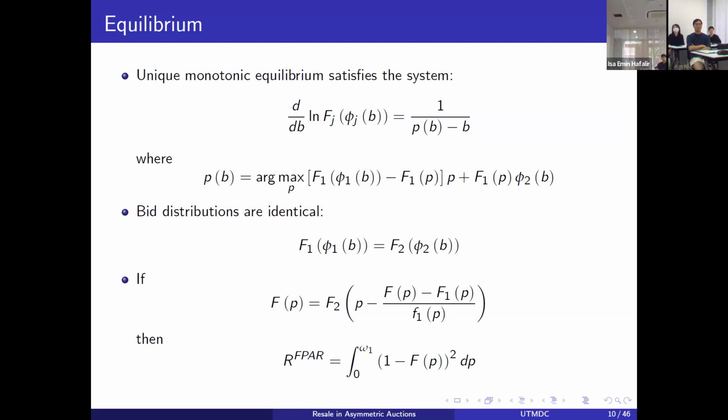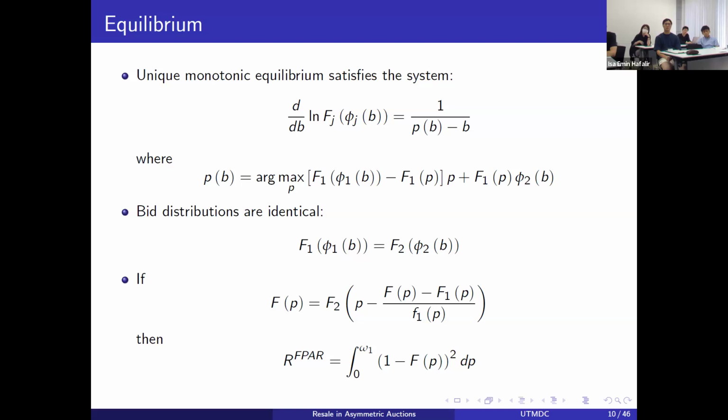Another nice thing is that this also comes with a nice picture, a geometrical interpretation. I like geometry. Given F1 and F2, which are two different distributions, since resale symmetrizes the bid distribution, you can think about a hypothetical market in which both bidders draw their values from the same distribution, and that symmetric first-price auction results in the same bid distribution.